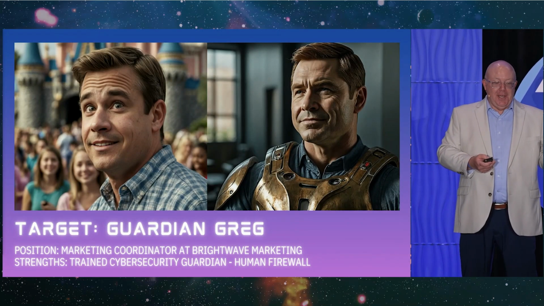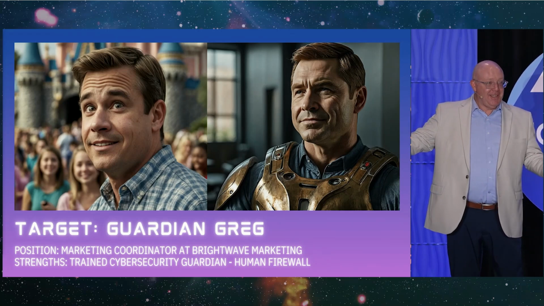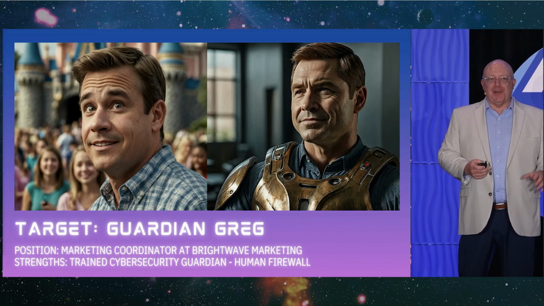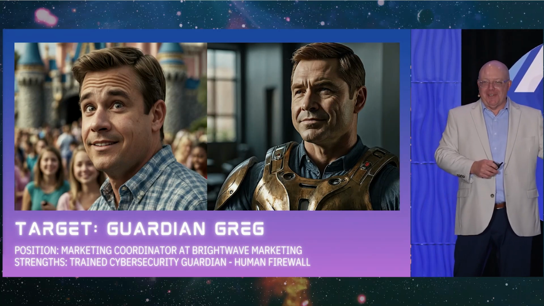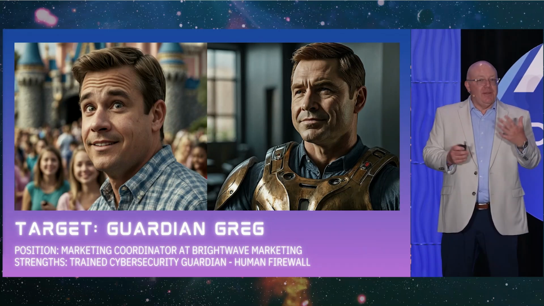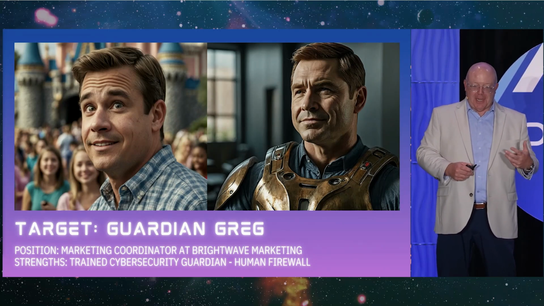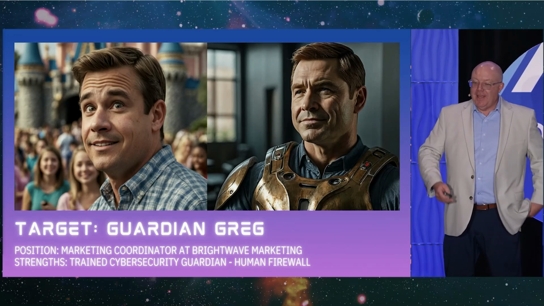All right, that other attack, the manipulator. Gullible Greg has been transformed into Guardian Greg, before and after. I feel a lot better about Greg now in that second photo. I'm a lot more confident in him. So if you remember, he was a brand new marketing coordinator. He's now a trained cybersecurity guardian, AKA human firewall.